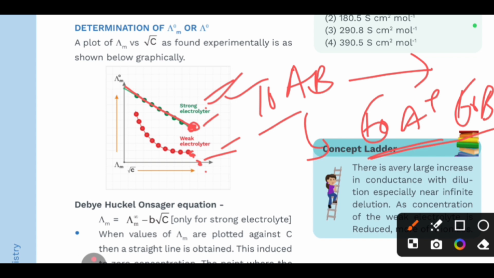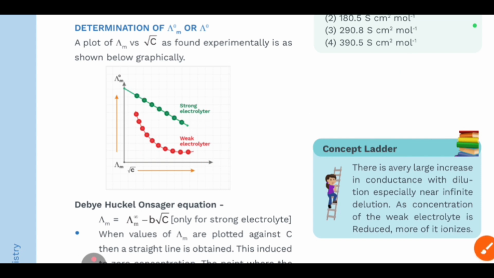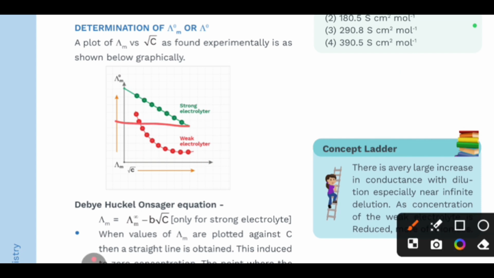Also the interionic attraction decreases. That's why there is a large difference between the 2 points of the weak electrolyte. This difference is more as compared to the strong electrolyte. If you see the initial point and final point, this difference is less as compared to the weak electrolyte. Why? Because in a strong electrolyte only one condition is responsible, that is the interionic separation.